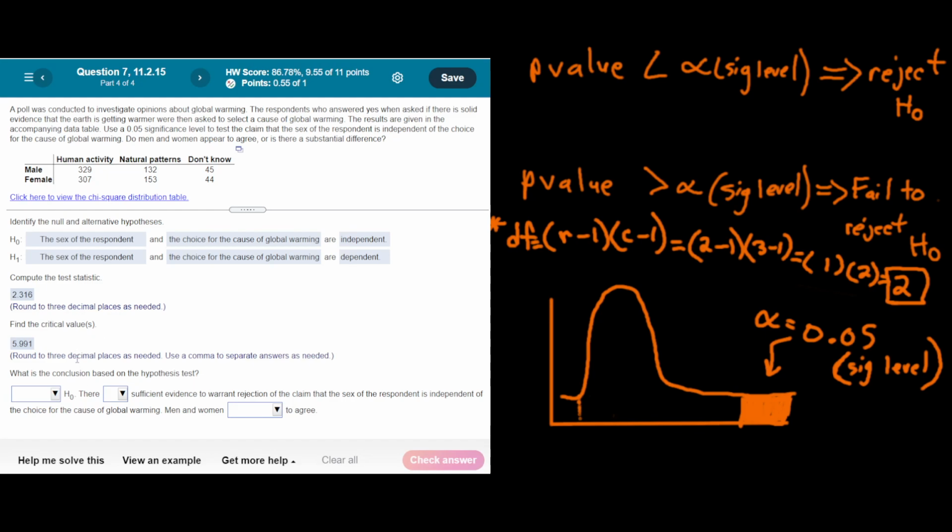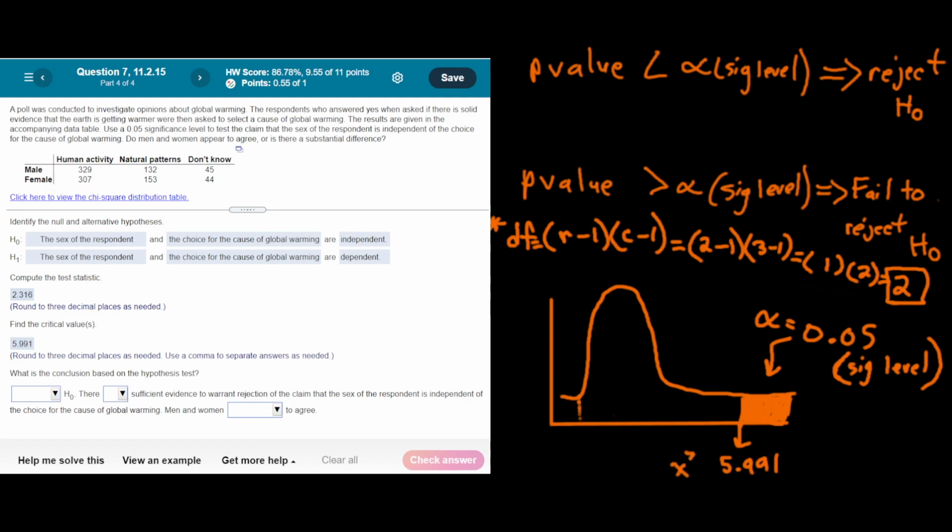Okay, what is the conclusion? Now the funny thing about this is that they want us to do the traditional method. When we found the critical value, the 5.991, we basically figured out what this is.